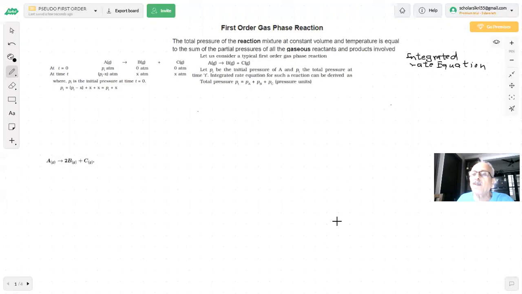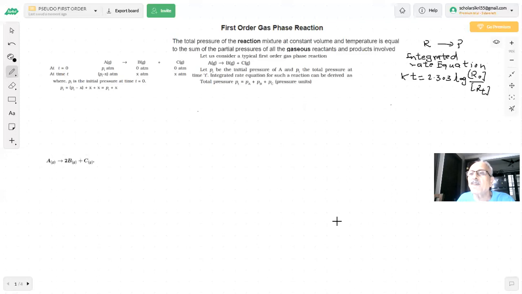And we said the formula should be very well known to the students: kt is equal to 2.303 log of R naught by Rt. So I have derived a formula for the reaction in which R forms the product.